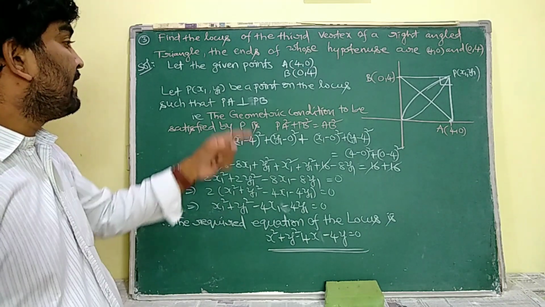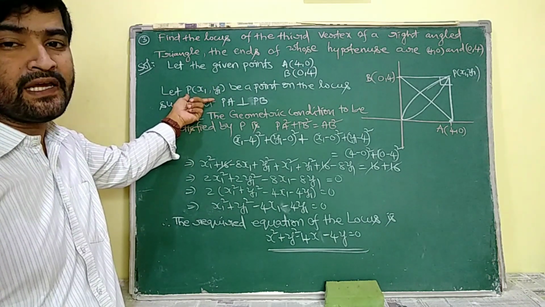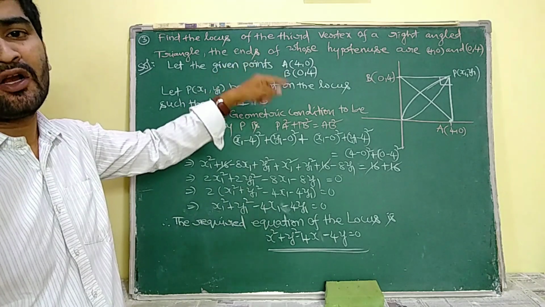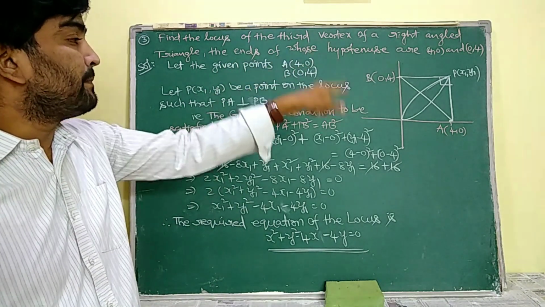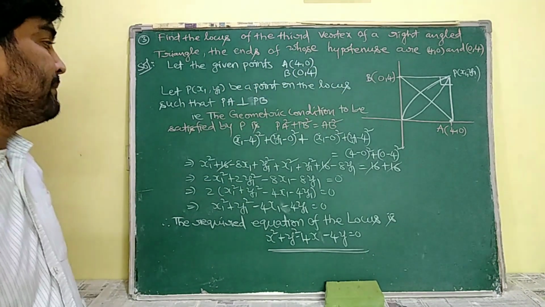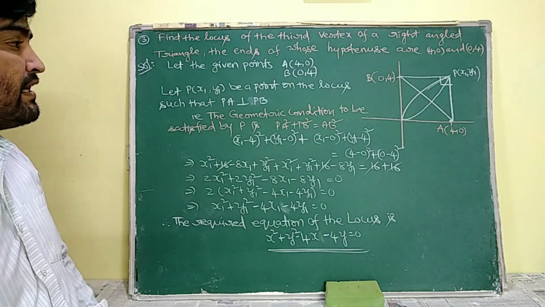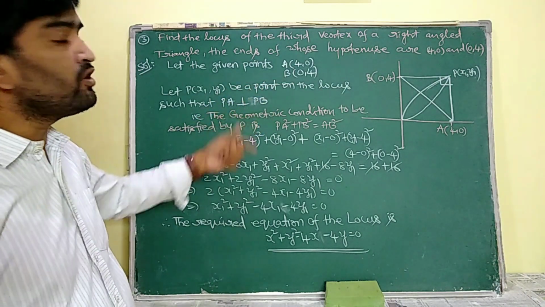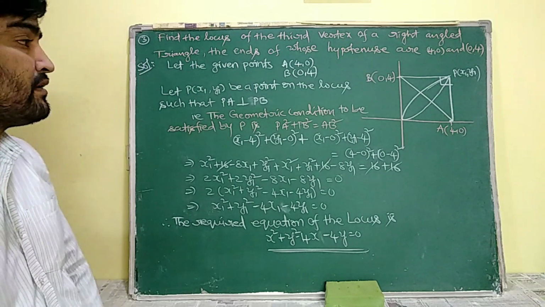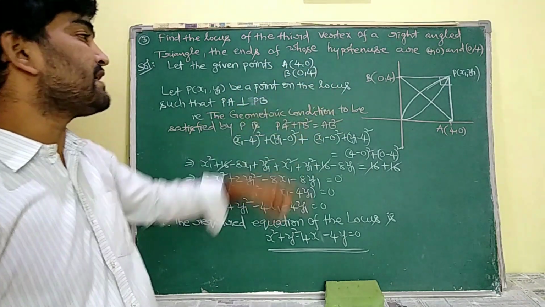For that, we have to assume a point P (x1, y1) on the locus such that PA is perpendicular to PB. That is why we are going to write the Pythagoras theorem here, because PAB is a right angle triangle.